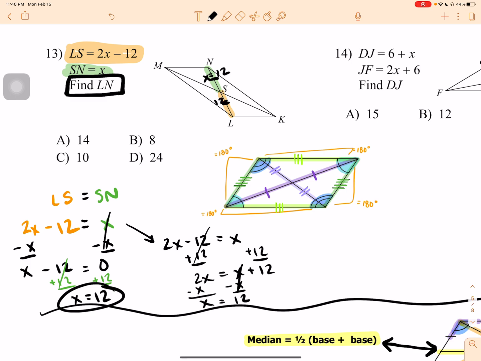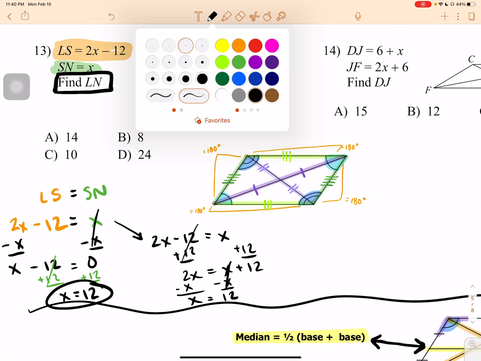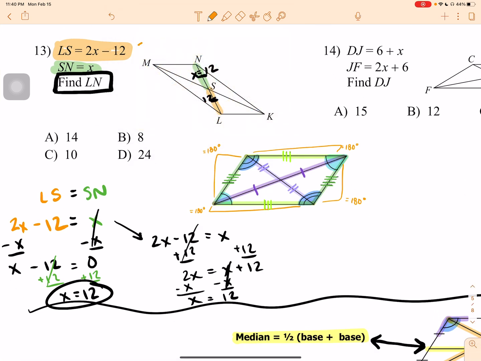And if you don't believe me, you can plug it into 2x minus 12. If you do 2 times 12 minus 12, that is 24 minus 12, which is 12. So each of these sides here are 12, or each of the halves of the diagonals. So 12 plus 12, 24. LN equals 24. LN is the entire side, the entire diagonal.